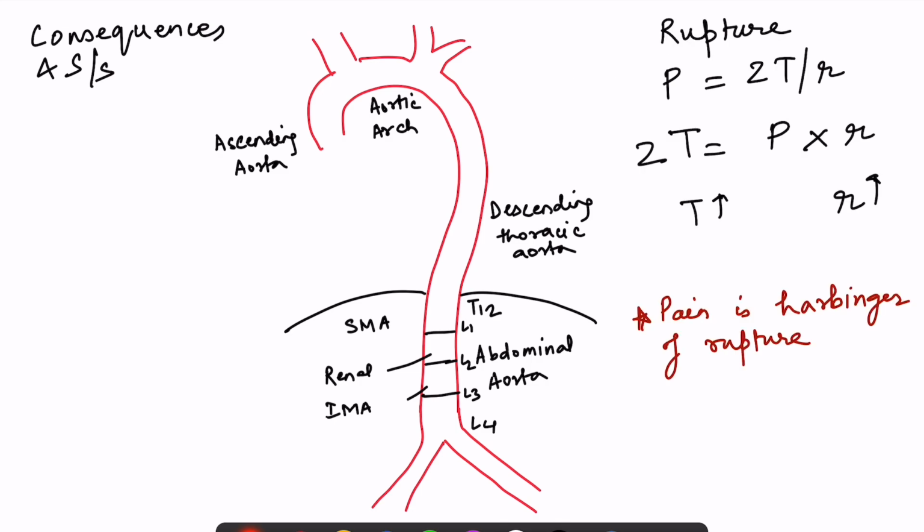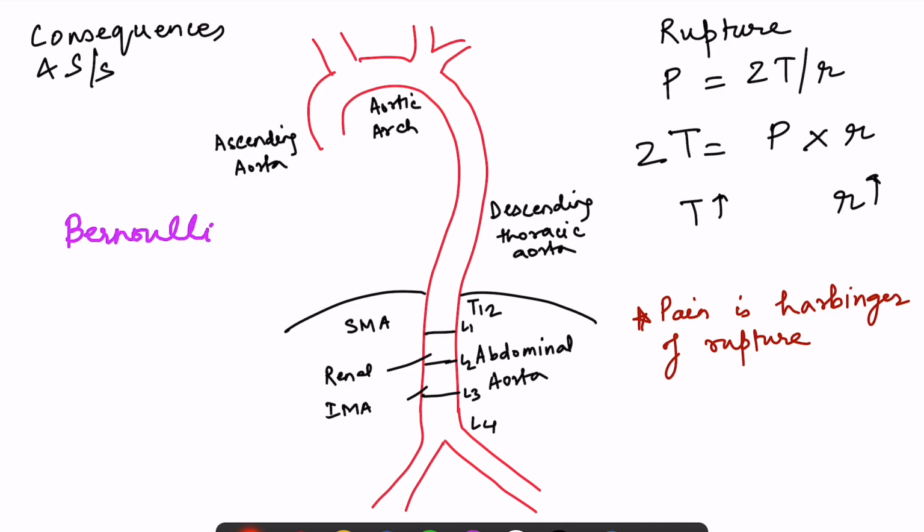So that is one. Then there are chances of rupture because now the vessel wall has dilated. So the tensile strength of the vessel is lesser. It is not able to accommodate the pulsatile stretch. In fact, with time, there is increase in the expansion of the aortic aneurysm. Why? See, there is a theorem known as Bernoulli's theorem.